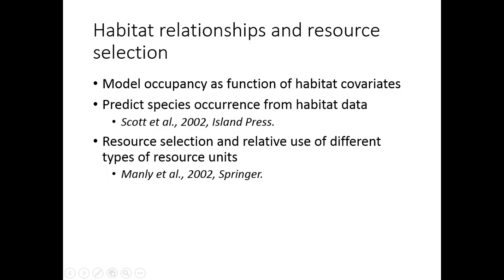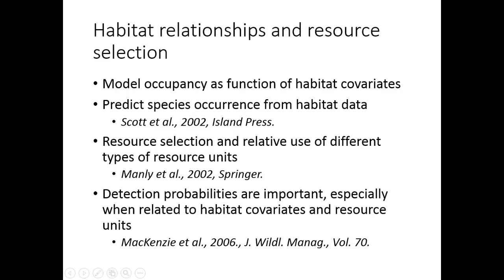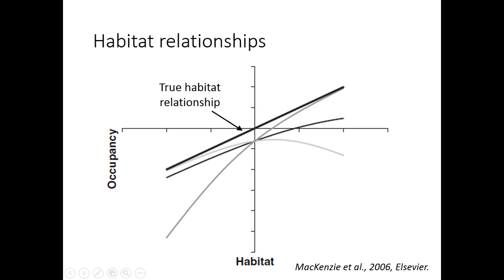Occupancy modeling is a useful framework for habitat relationships and resource selection. Detection probabilities are important, especially when related to habitat covariates and resource units. In this graph, site occupancy is on the y-axis and the habitat covariate is on the x-axis.